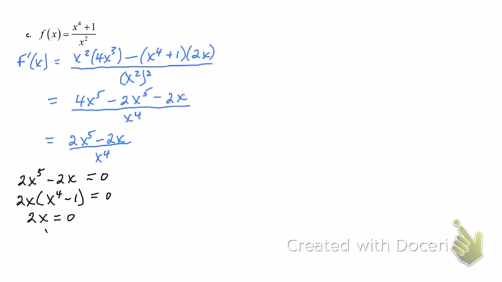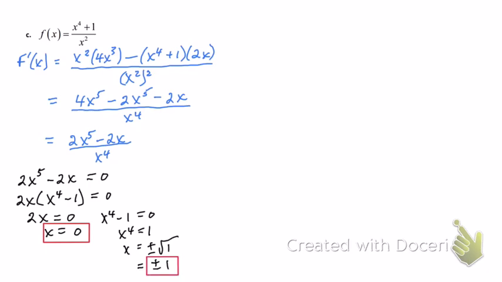So there's one of my critical numbers. They didn't give us an interval on this one either, so I get my other value here. I want to know the other factor in the numerator is this, so I'm going to solve for x. So there's 2 more critical numbers.